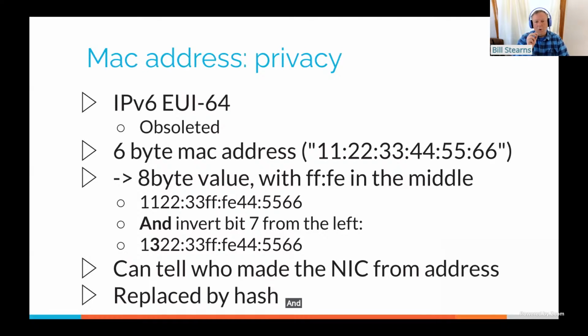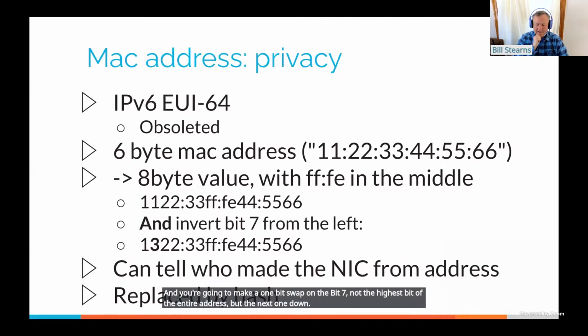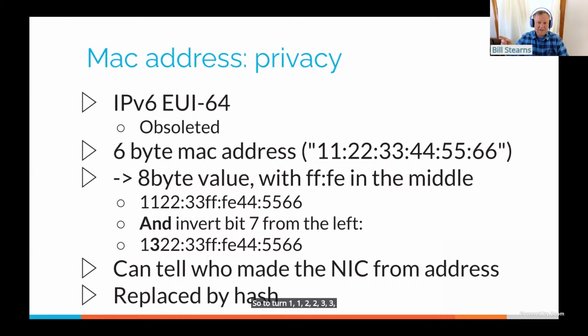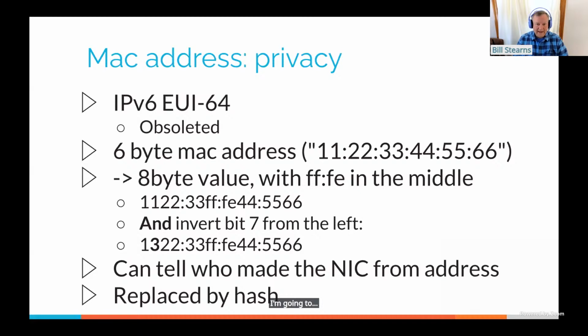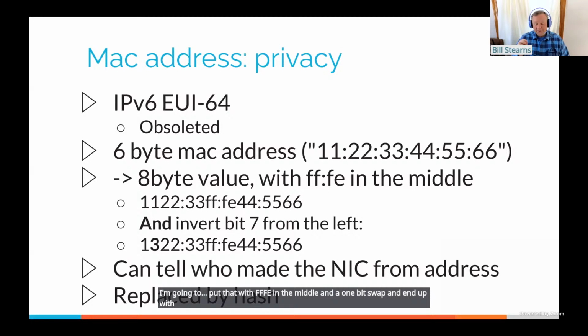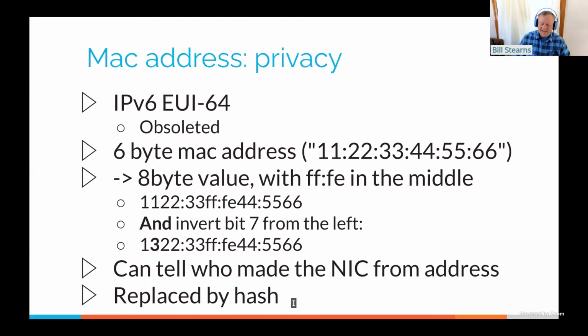And you're going to make a 1-bit swap on bit 7, not the highest bit of the entire address, but the next one down. So to turn 112233445566 as a MAC address into an IPv6 address, I'm going to put that with FFFE in the middle and a 1-bit swap and end up with 132233FFFE445566.